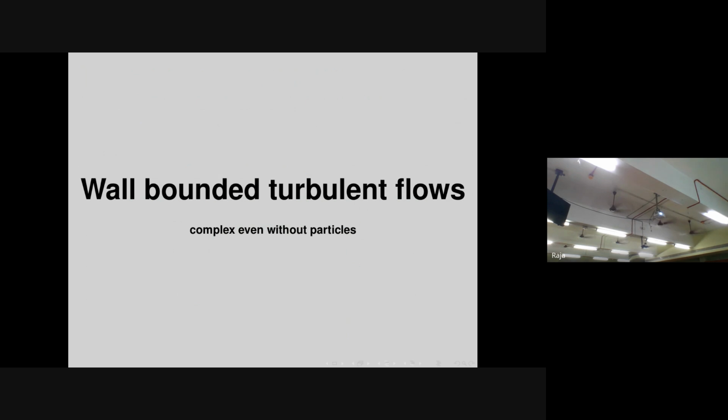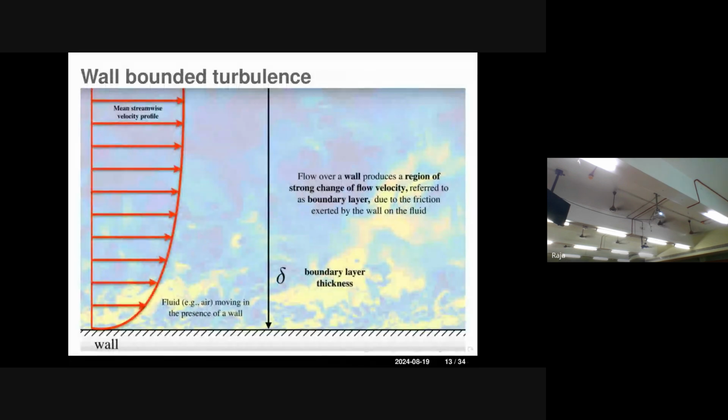And that is the place where, first of all, we need some idea about how wall-bounded turbulent flows work, because we want to understand flow through channels, turbulent structures on which particles are present. So typical wall-bounded turbulent flow means there is a wall, and flow comes from one location.